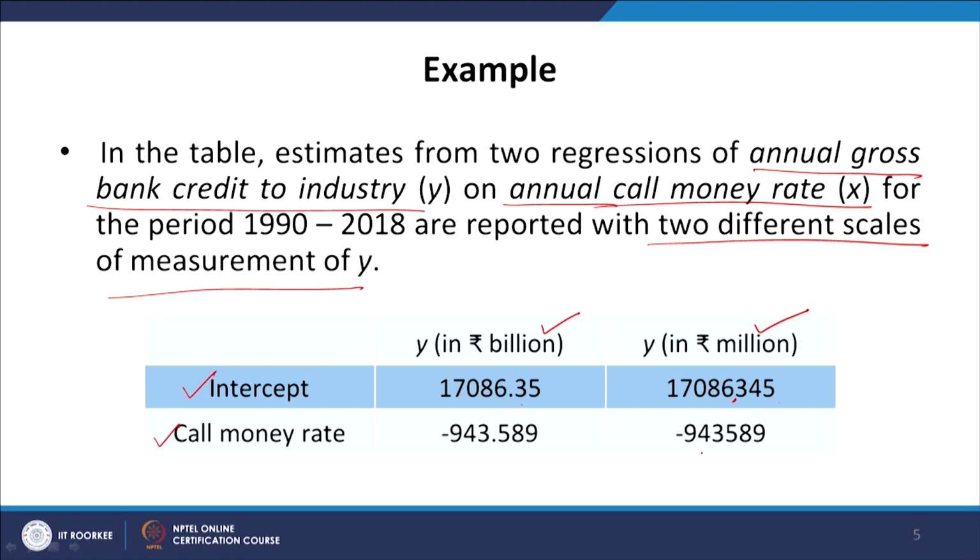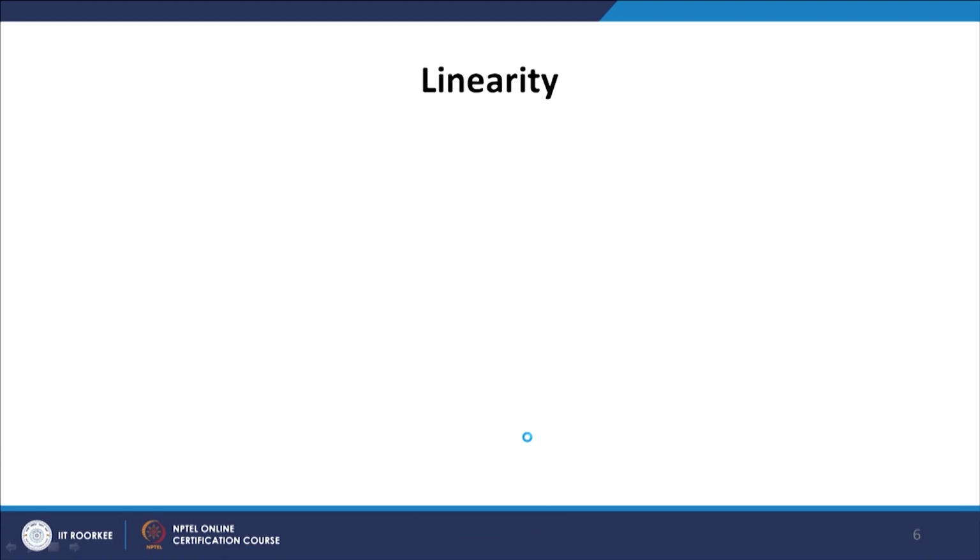So, here we had minus 943,589 and now we have minus 943.589, that is the only difference we can observe. So, this is an example which shows that with change in scale actually nothing changes, the estimates remain the same, only their scale of measurement changes.